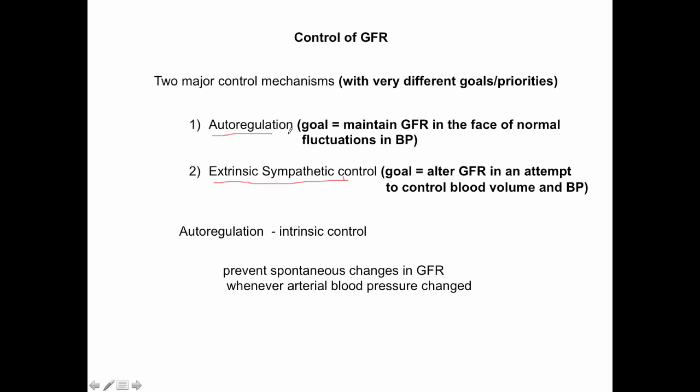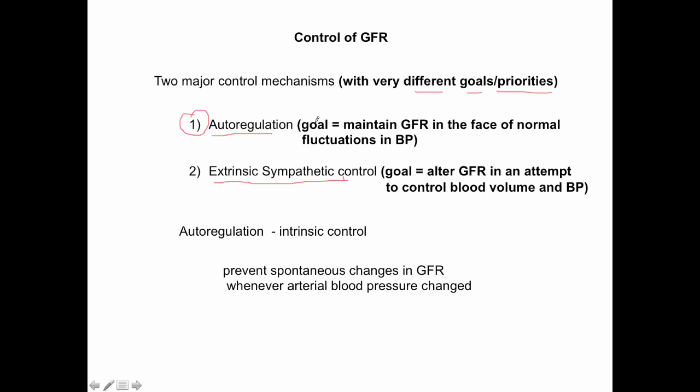It's very important to keep in mind that these two mechanisms have two very different goals and priorities. Normally autoregulation is what controls GFR on a regular basis. So the vast majority of the time GFR is under autoregulation.